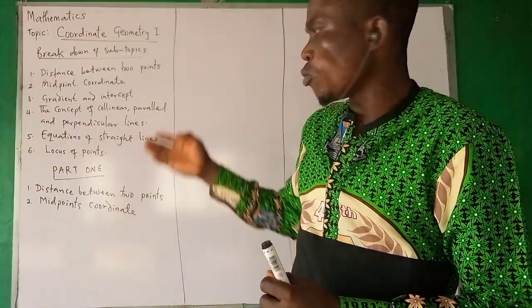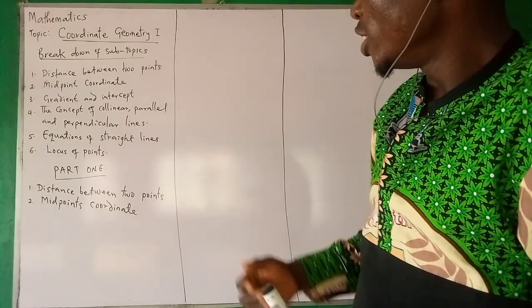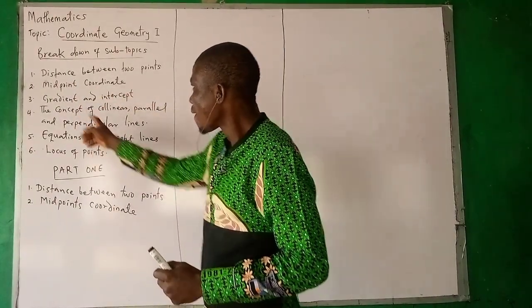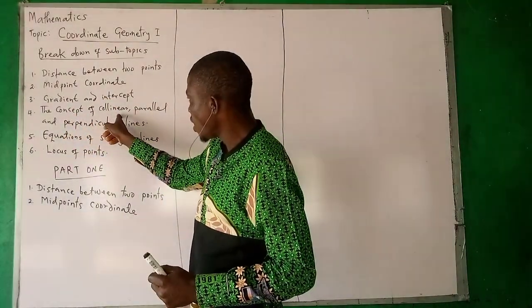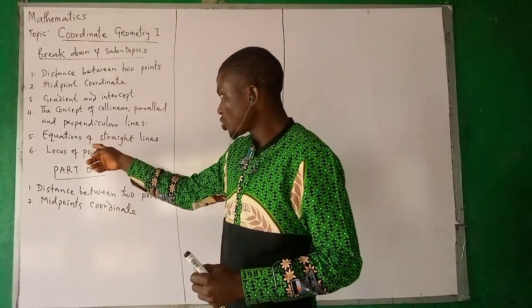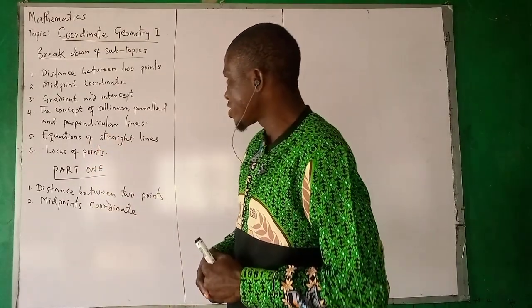Under this topic we shall be looking at the distance between 2 points, the midpoint coordinates, gradient and intercept, the concept of collinear, parallel and perpendicular lines, equations of straight lines and locus of points.